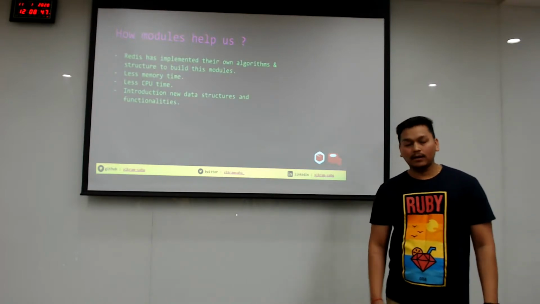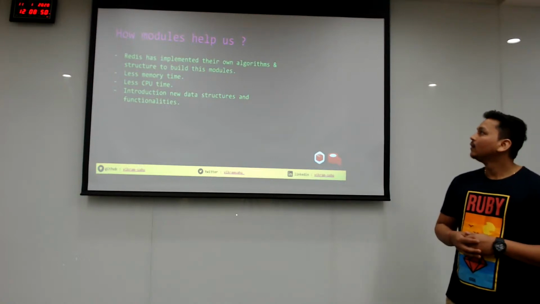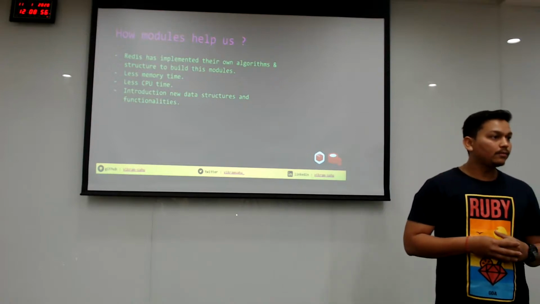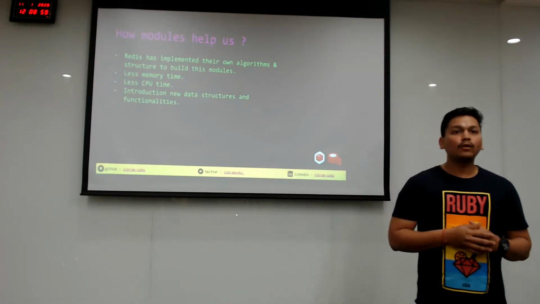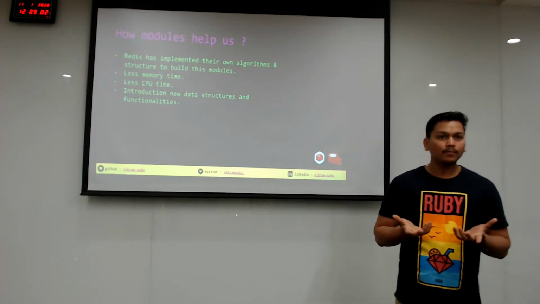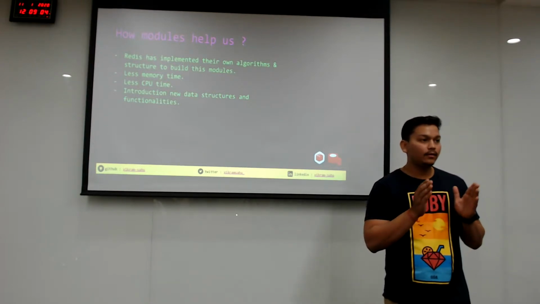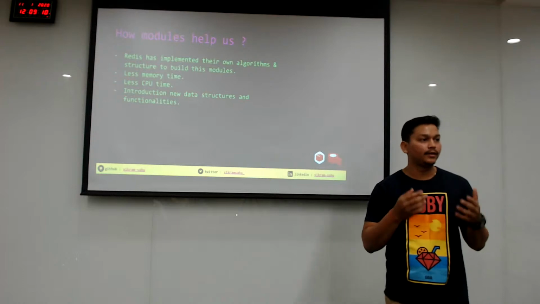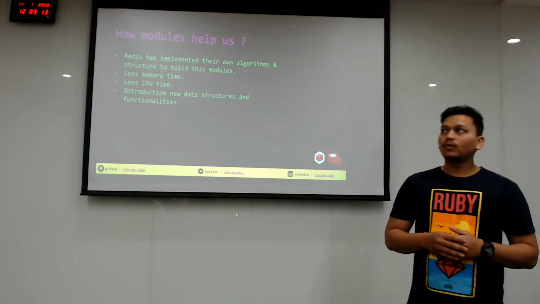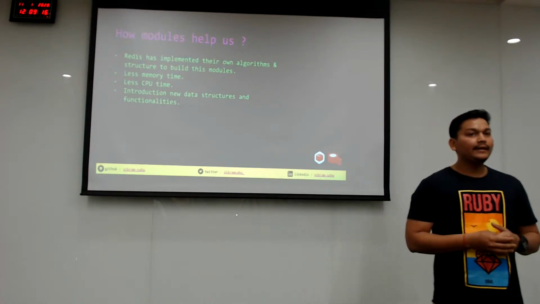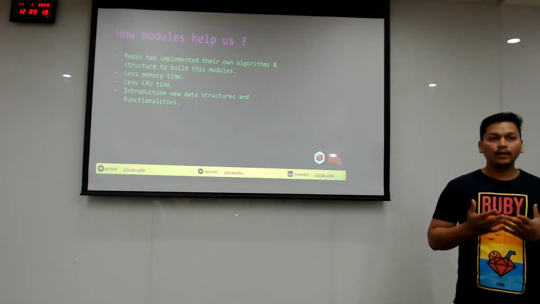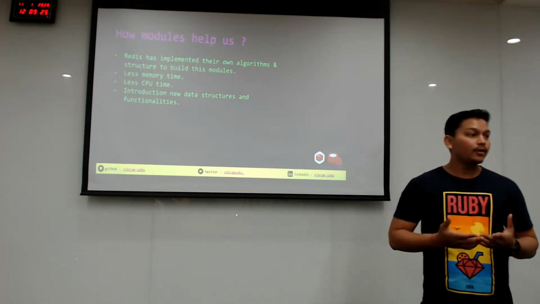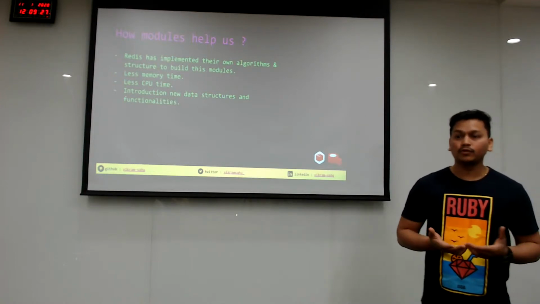So Redis modules are also similar kind of stuff. Whenever it comes to a module, each developer has their own way of developing modules. So does Redis. When you write your own module, you have some concept in your mind that this and this function will be calling this and this library, and this library will be communicating with this network and stuff, right? So Redis does the same. Redis modules are implemented with their own algorithms and data structures so that they can be as fast and as quick as possible.